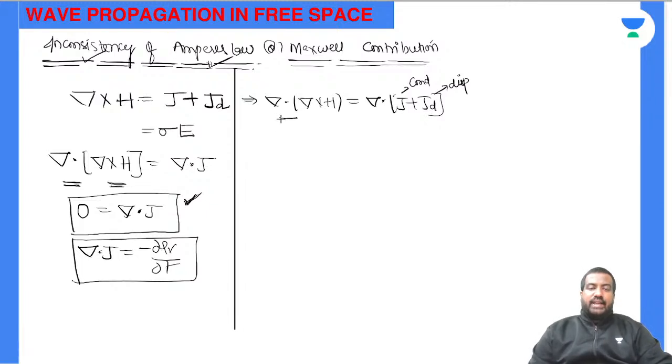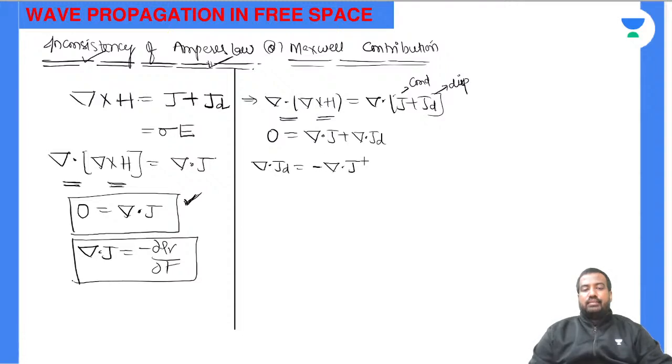According to vector identity, del dot del cross H is 0. So 0 is del dot J plus del dot JD. This implies del dot JD is minus del dot J.